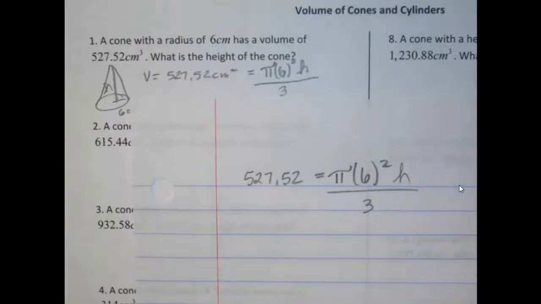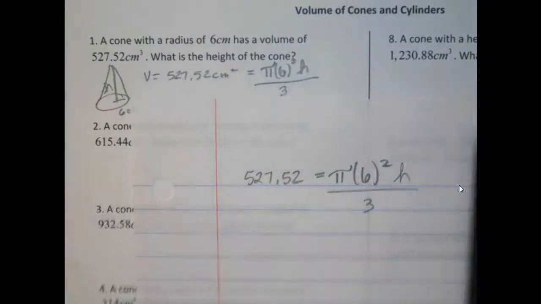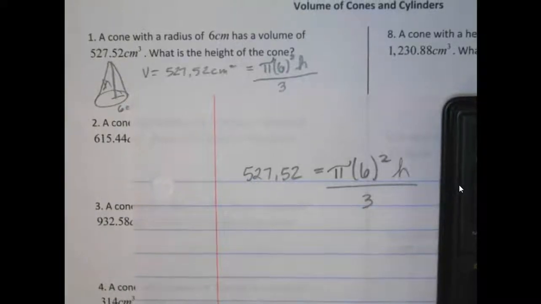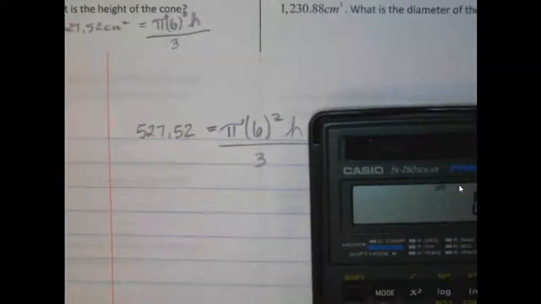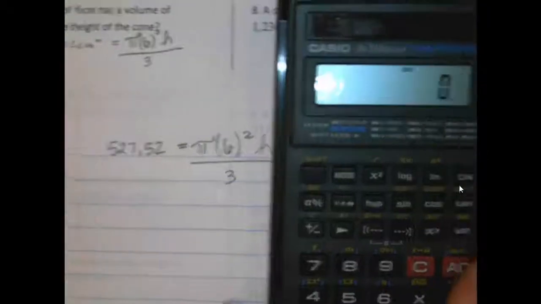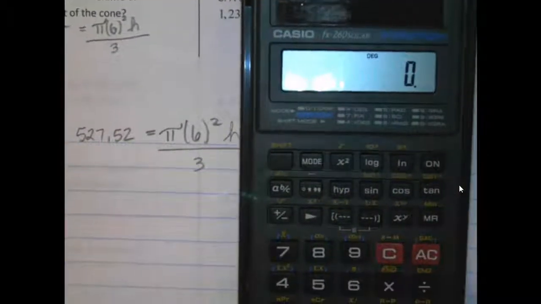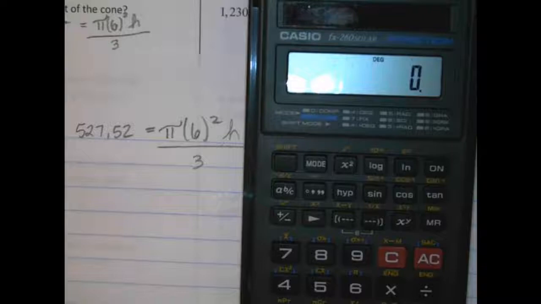Here's what you're going to need. What are you going to need today? You're going to need a calculator. Okay, so I'm going to take my calculator to solve this problem. If you need a calculator, you better come up and get one now.